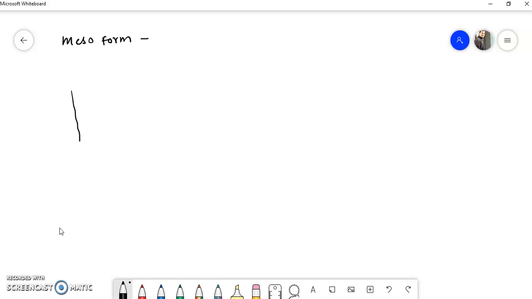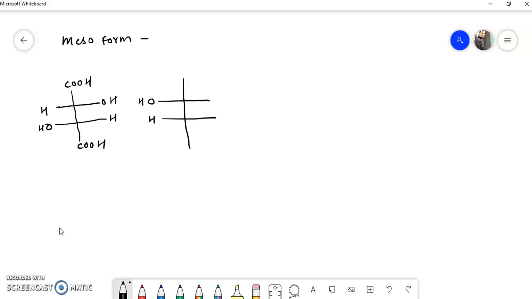I will draw the structure here: COOH, COOH, with H, OH, OH, H. If we place a mirror, we get this form: OH, H, H, OH, with COOH. Now we know that these two structures are enantiomers of each other, because they are non-superimposable mirror images of each other.